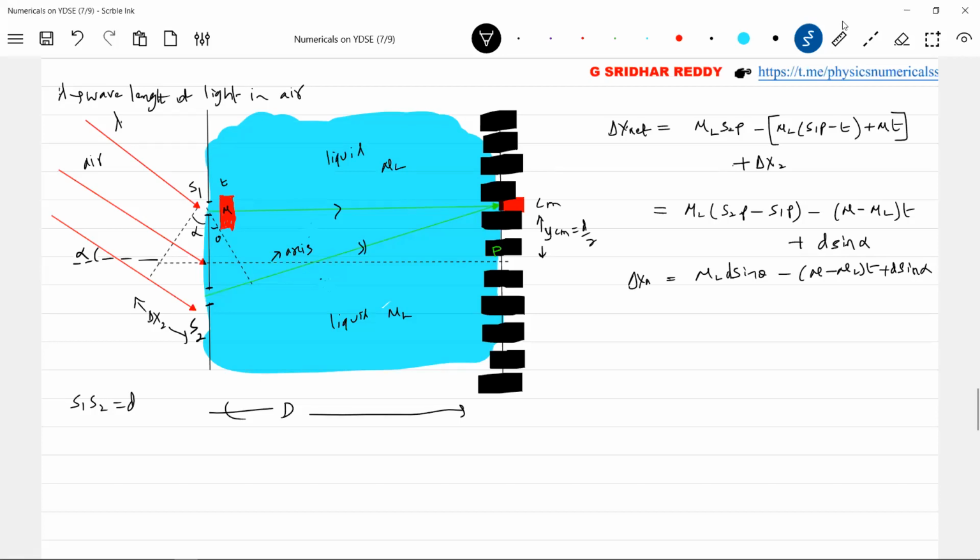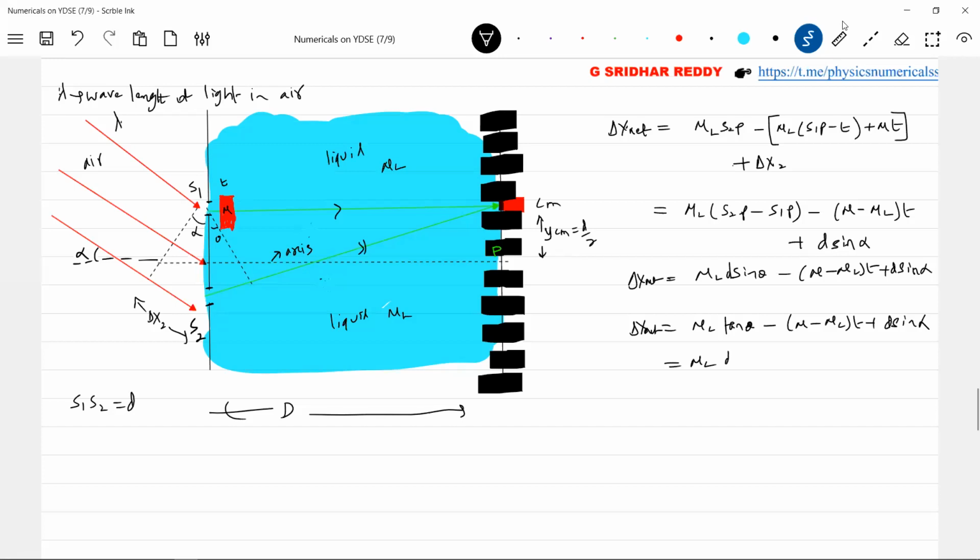Now delta x net. I'm interested in the position of maxima. So n lambda equals mu L. Next step, I'll write it. Tan theta mu minus mu L T plus d sine alpha.